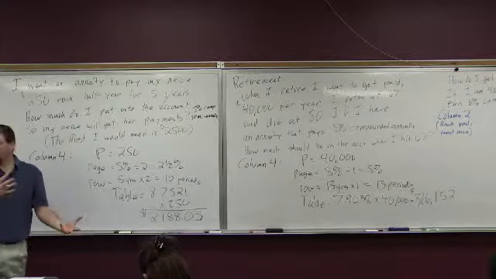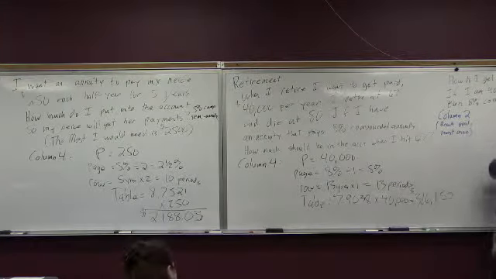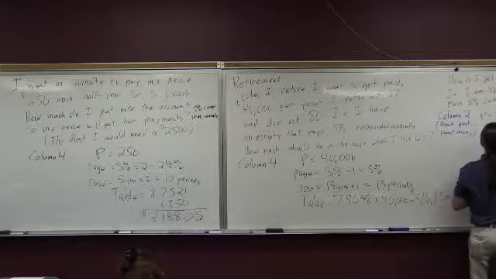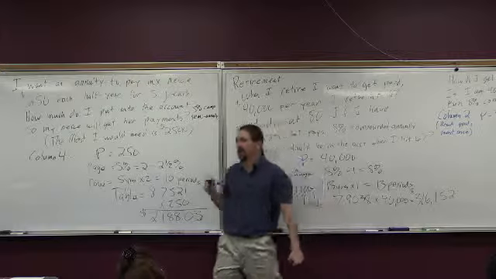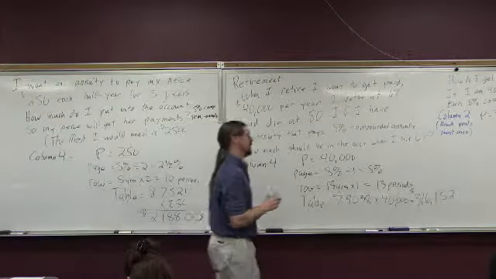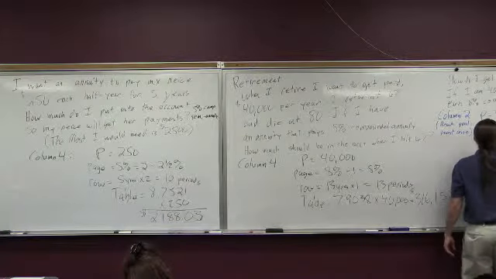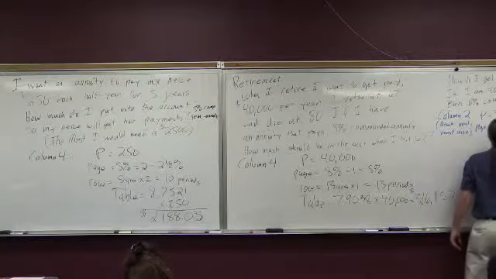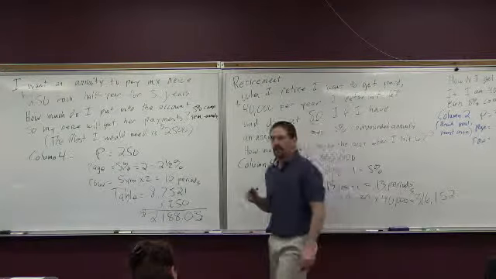Reach a goal, invest once. What's my P in this problem? $316,152, my goal. What page am I going to go to? 8%, because we're compounding annually. What row am I going to go to this time? 17.